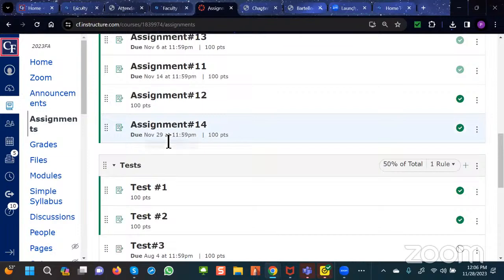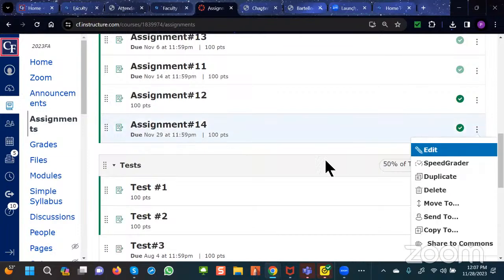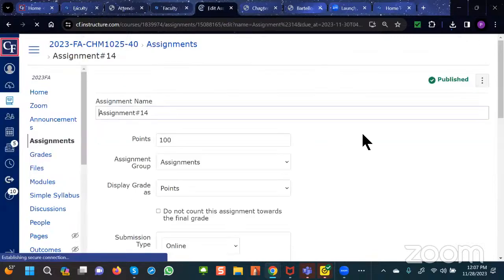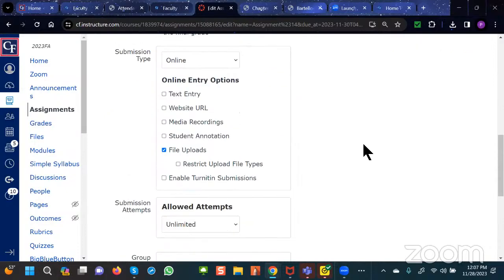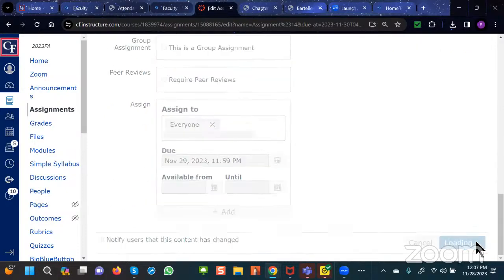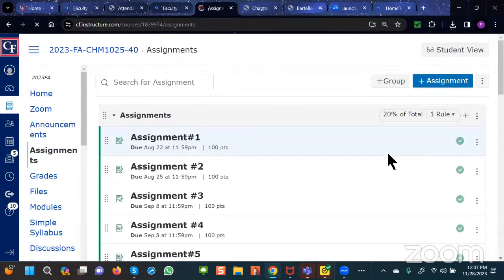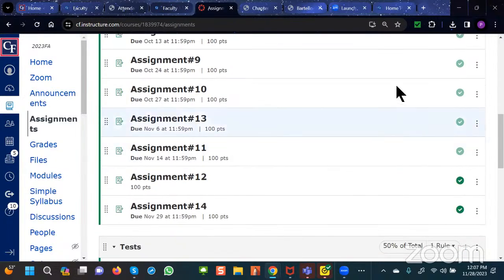Oh, already did. Okay, let me just check to make sure it's actually set up properly. Okay, so you should be able to turn it in. I've set a deadline date of tomorrow. So you can turn it in then, all right?